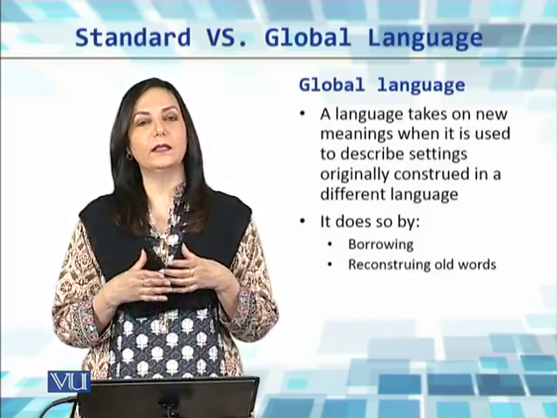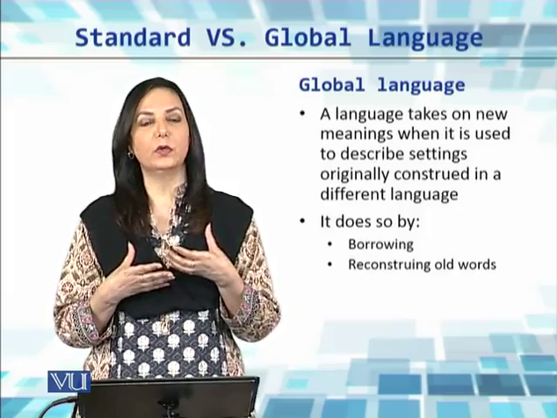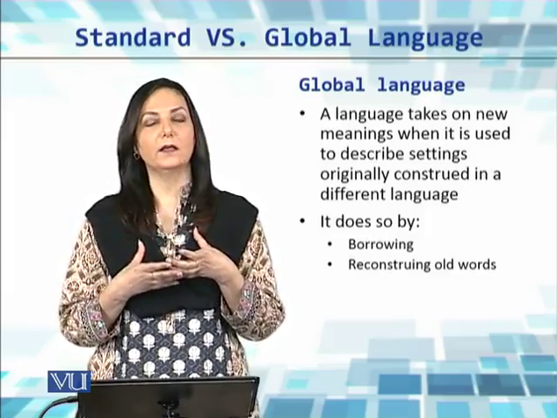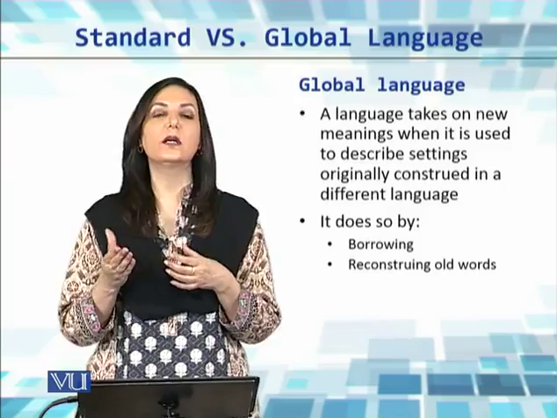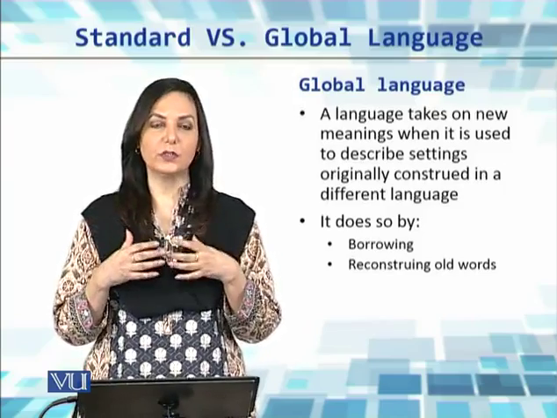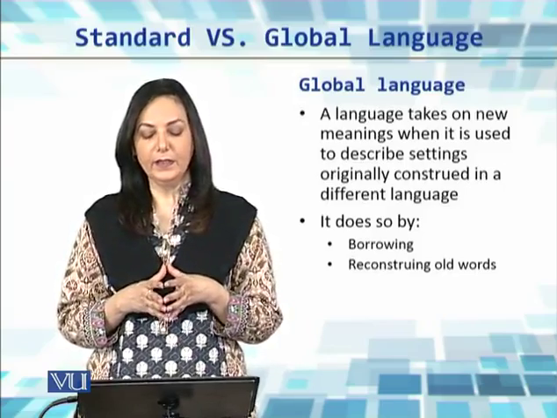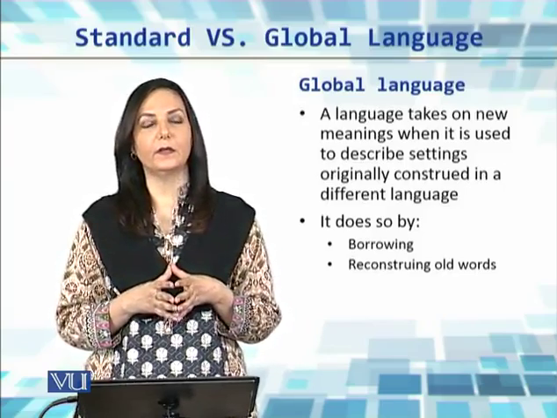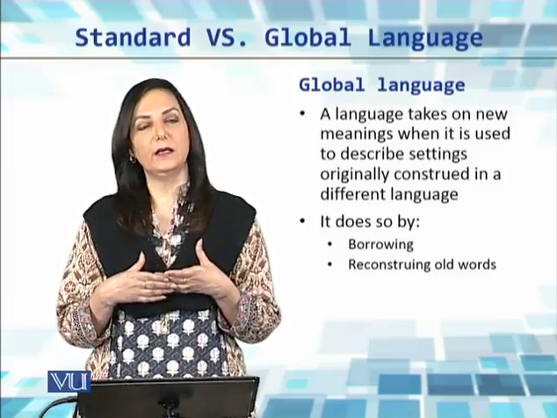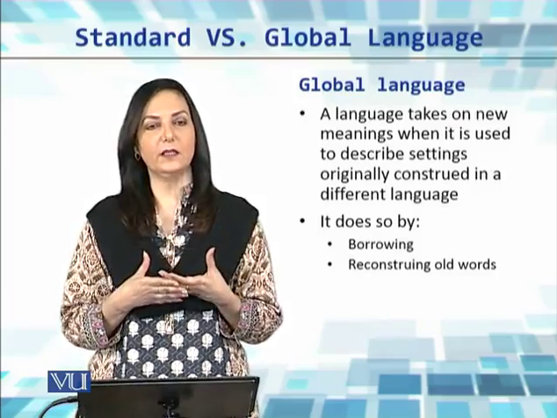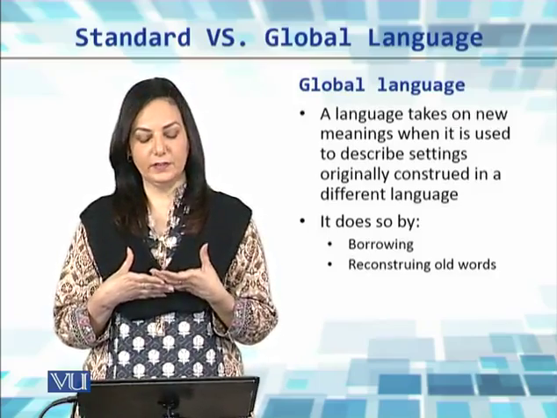So the language tries to understand those concepts in its new settings using whatever resources in terms of meaning it has available. It does so by using two strategies. One is borrowing to express new concepts, new ideas which are alien to the original context of the language.